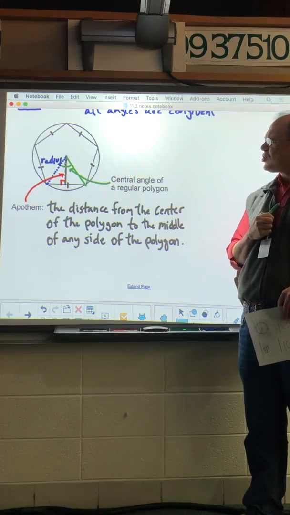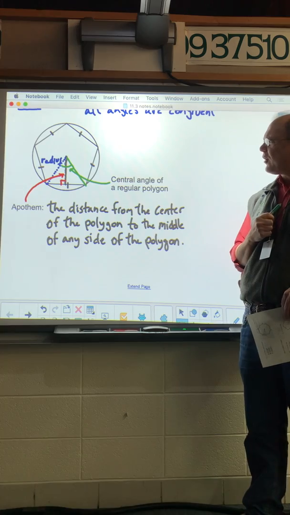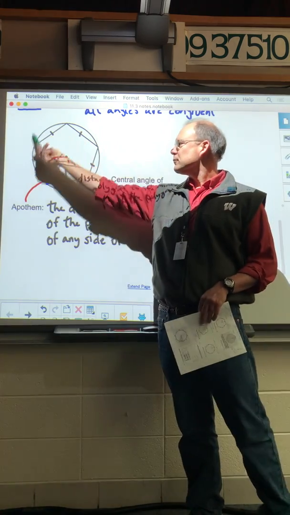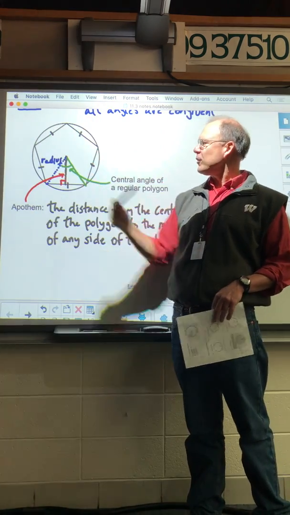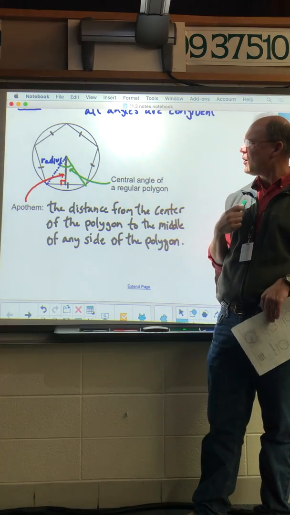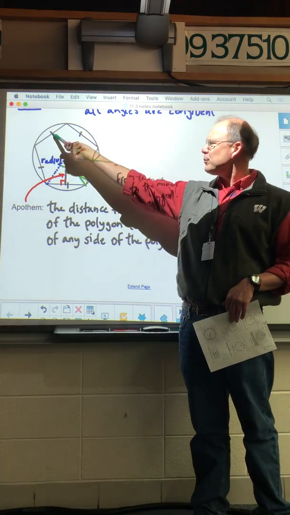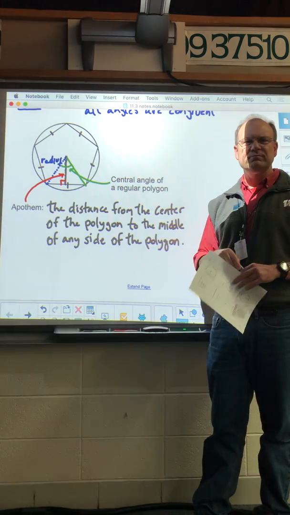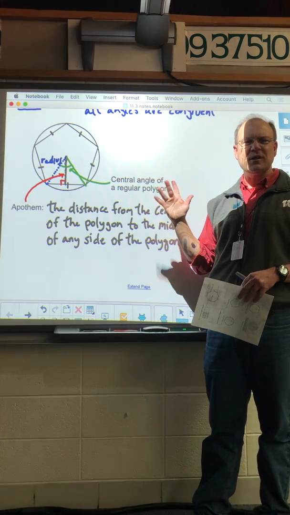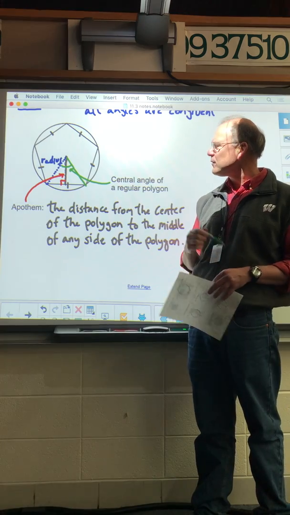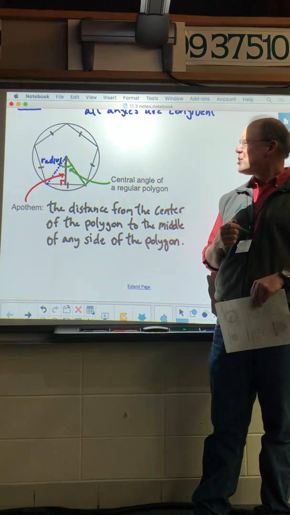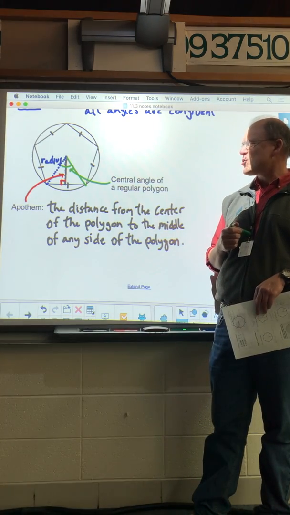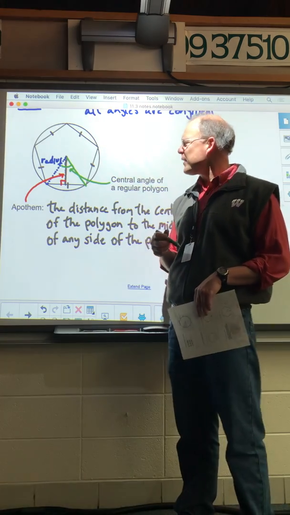So how many central angles are there for this regular, remember what we call this shape? 5 sides? 5 sides was a pentagon, right? Pentagon. So how many central angles are there in a regular pentagon?